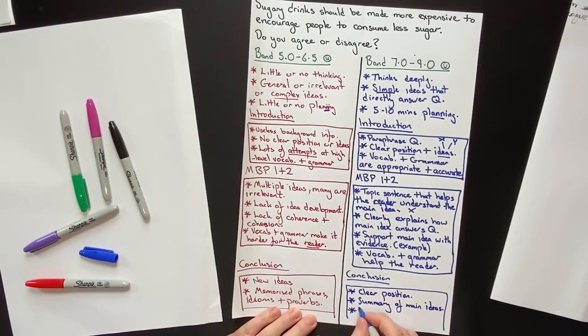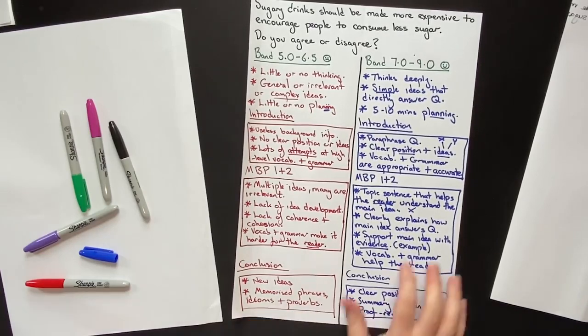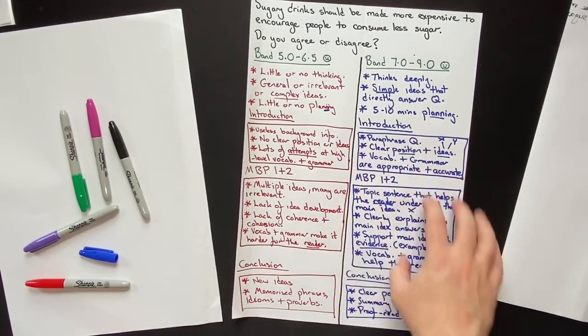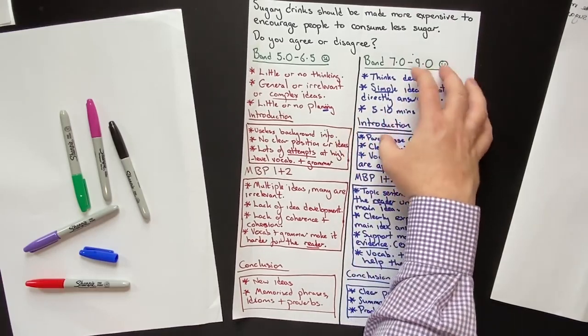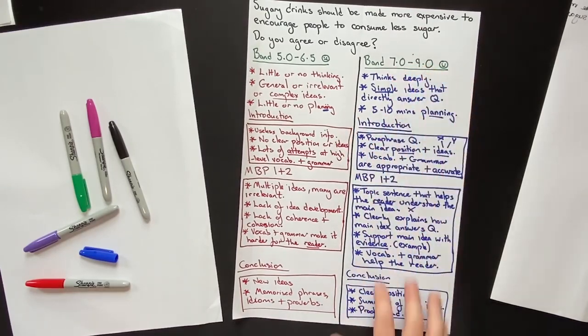And finally, what they do is everyone makes mistakes, so they proofread. Because there will be lots and lots of little mistakes, so they will go through their essay, correct those mistakes, and they'll have lots of time, because band 7, 8, and 9 students tend to finish IELTS Writing Task 2 well before 40 minutes.